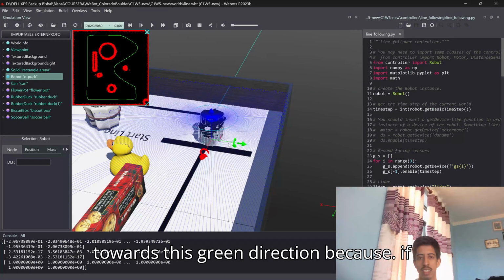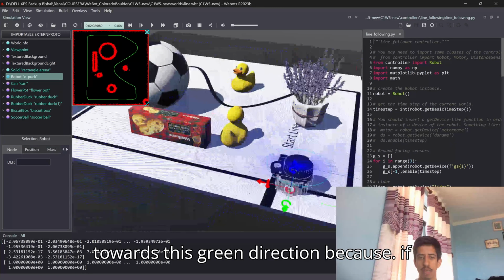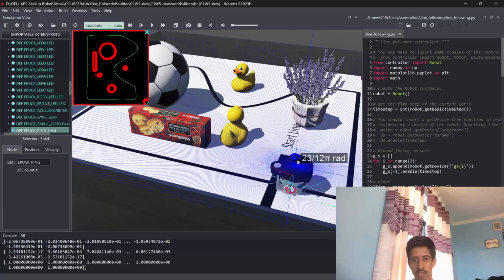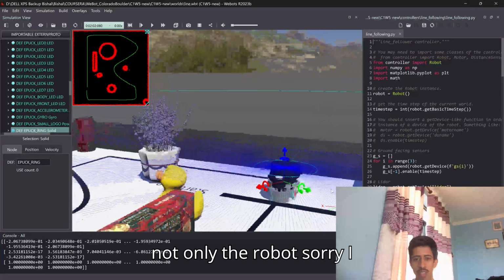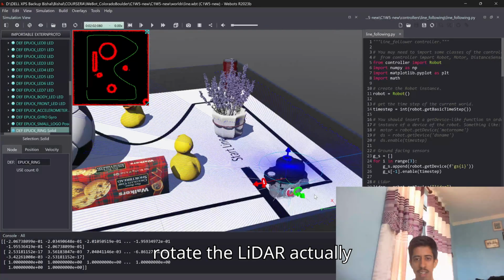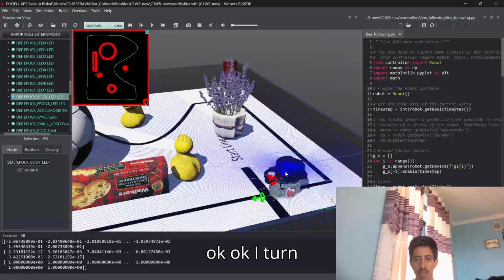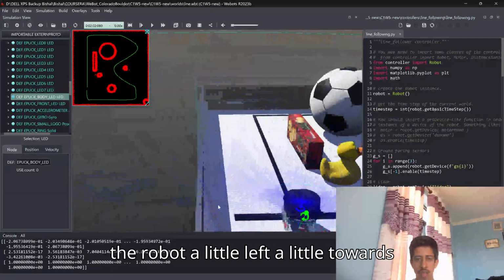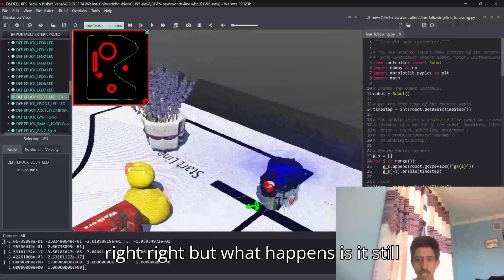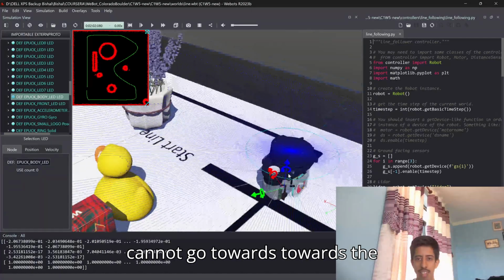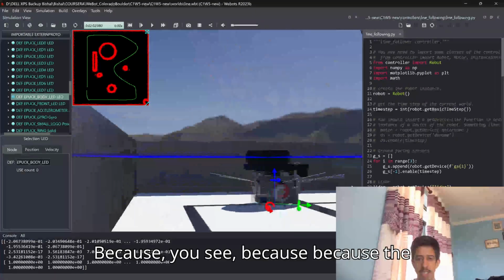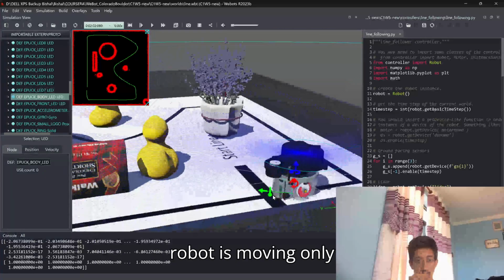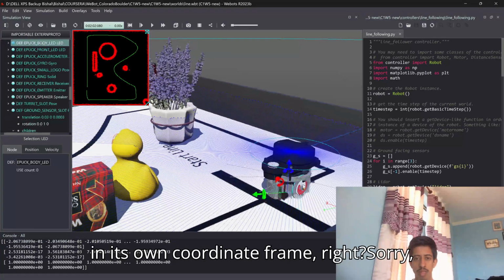It cannot go towards this green direction. If I rotate this, sorry, I rotated the LiDAR actually. I turned the robot a little left, a little towards right. But it still cannot go sideways, because the robot is moving only in its own coordinate frame.